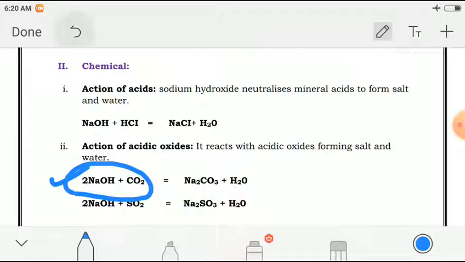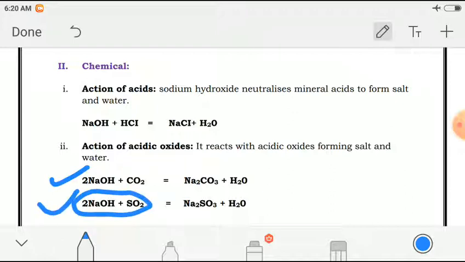And in the second reaction, NaOH reacts with the SO2 sulfur dioxide, formation of sodium sulfate plus H2O. These are the simple reactions with NaOH and acidic oxides.